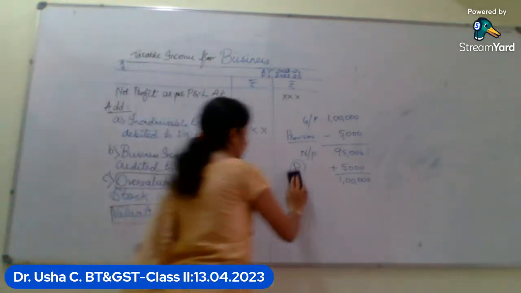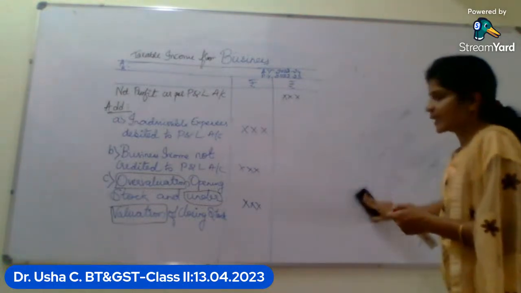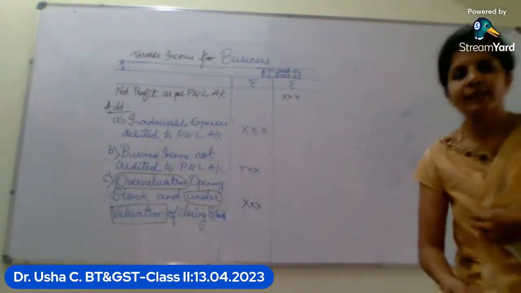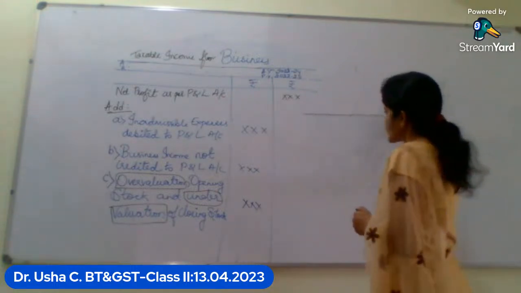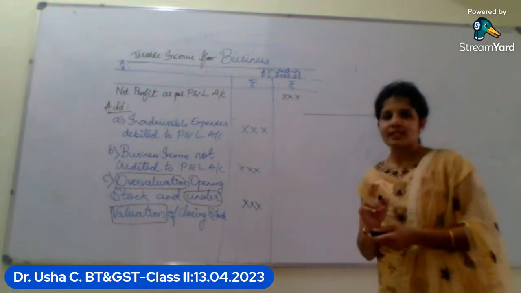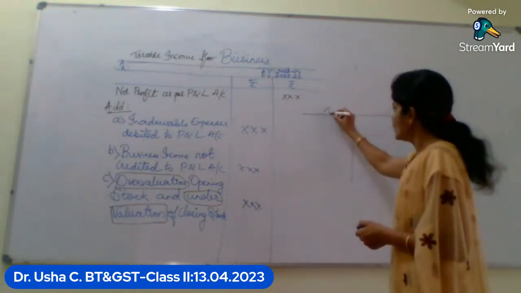But when there is an overvaluation of opening stock, it leads to a decrease in profit. Where do we show this opening stock and the closing stock? It is in the trading account. Correct? I am opening the trading account now.